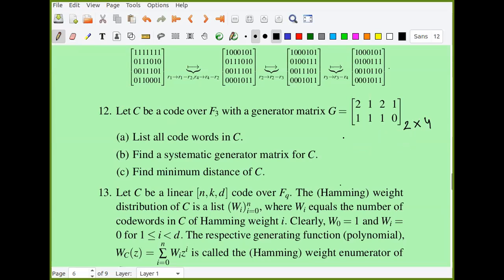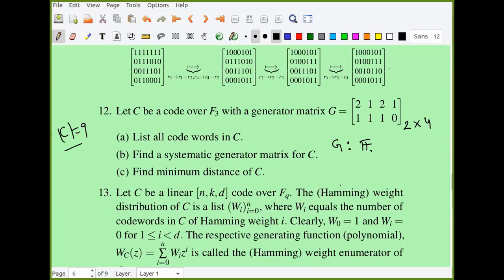Okay. So G is a matrix from where to where? It is a linear map from where to where? You are correct. Cardinality of C is equal to 9. But what are those? I need to figure this out. F3 to F3 power 4.